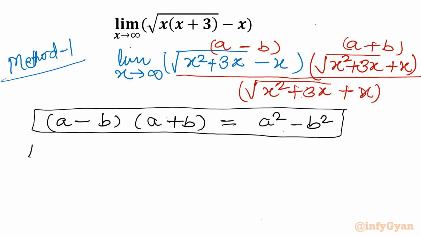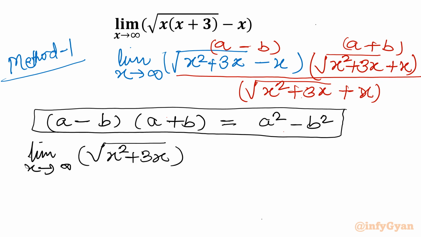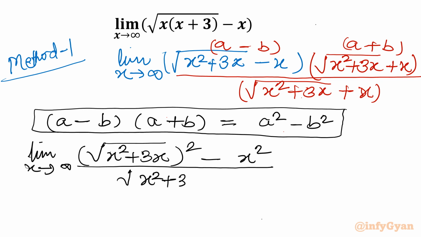So I will be writing here limit x tending to infinity. This is a square. So what is a? Square root x square plus 3x. This is our a whole square minus b square. What is b? b is x. So x square divided by square root x square plus 3x plus x.